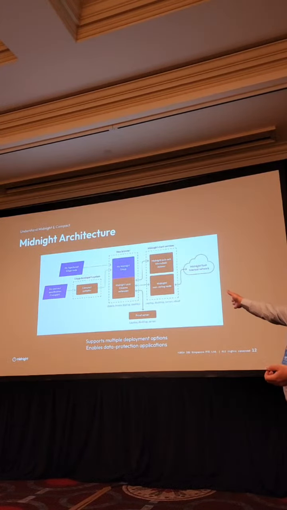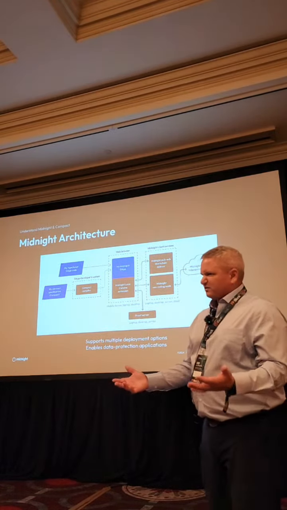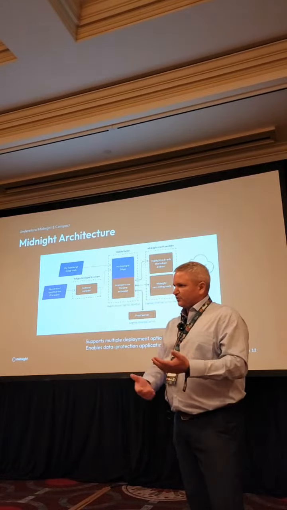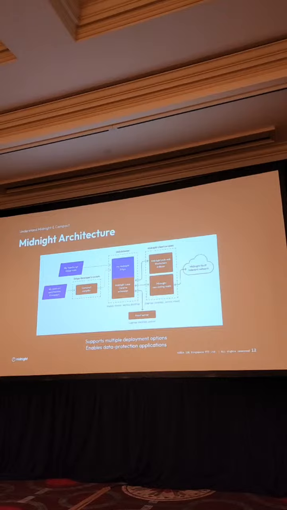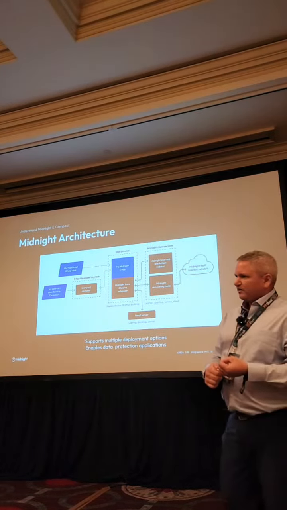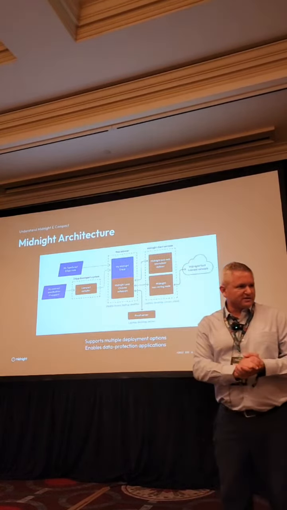On the right-hand side, you can see the Midnight client services. These are tools that you may run if you want to be a DApp operator to help your customers. There's an indexing tool that's shown up there on the top. We call it the pub sub indexer. Basically, it's indexing the chain. We have a UTXO chain, so you've got to index it so that you can keep track of your balances and other things like that.